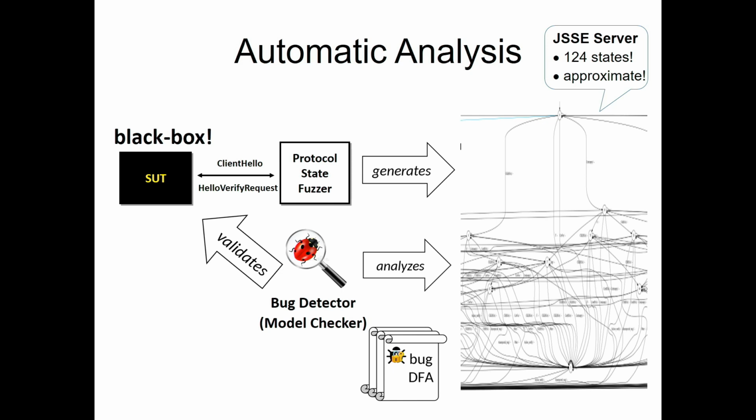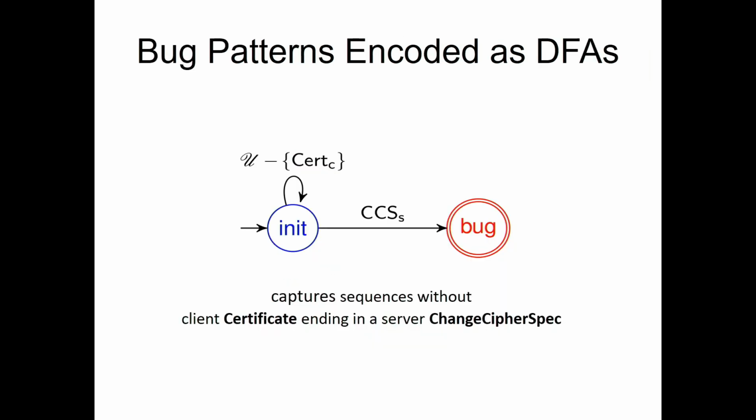It analyzes the model that the model learner has learned. And then, because we don't know whether the model that we have learned is approximate or not, we need to validate these things on the system under test, on the actual implementation. So all this is automatic. And we'll see how it goes.